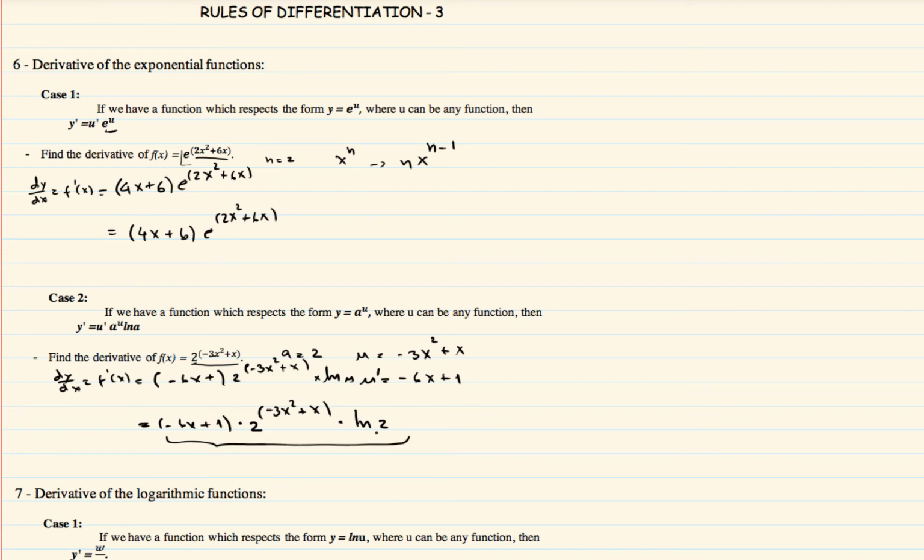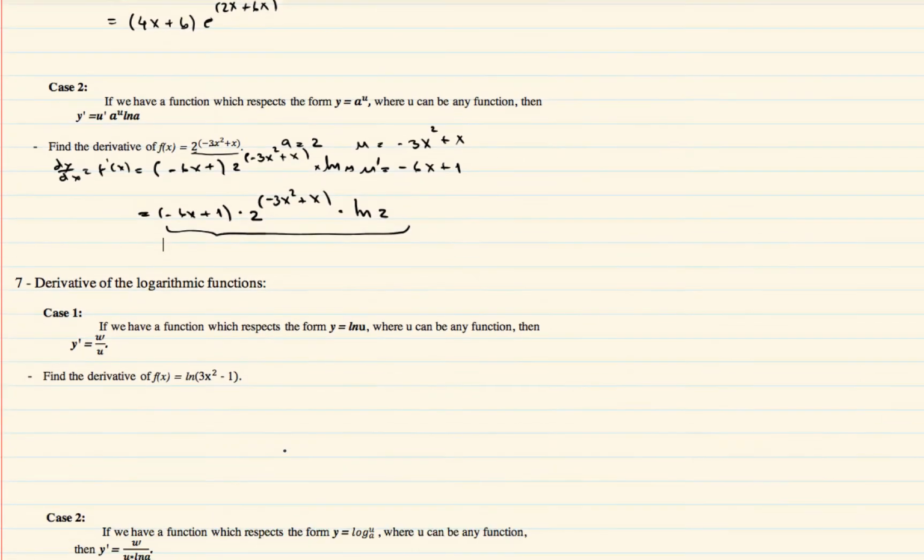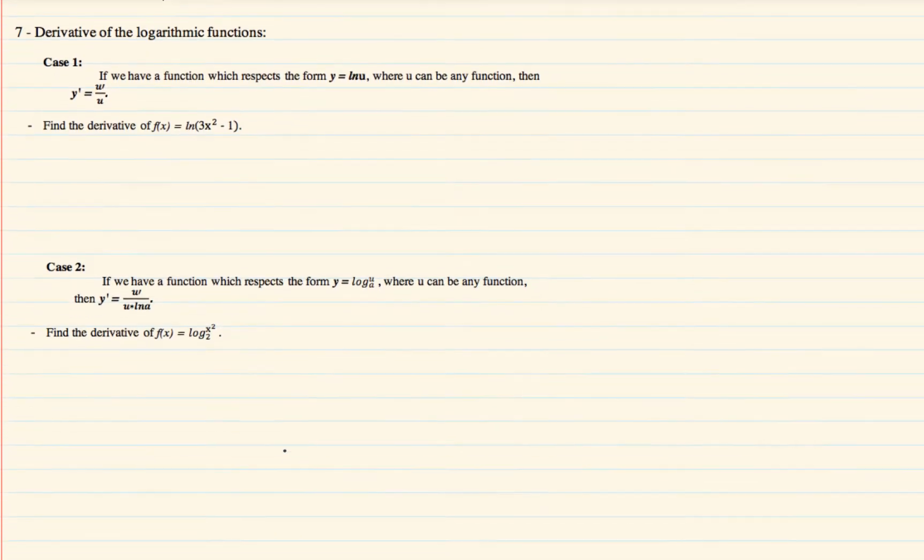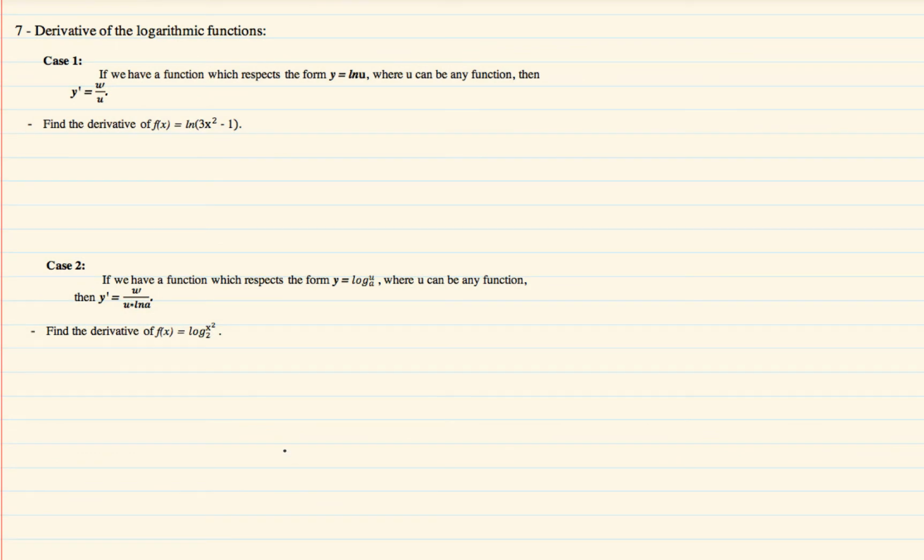This means natural log. So now, the derivative of logarithmic functions. There are again two cases. In case 1, what we have is a natural log, of some expression represented by u, which can be any function.